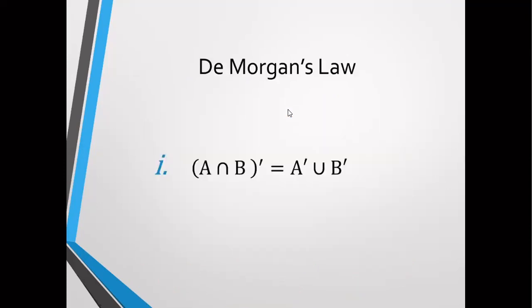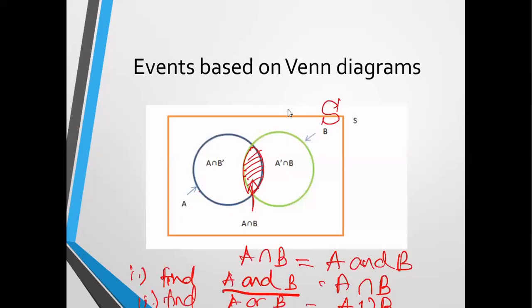Before coming to De Morgan's law, let's discuss these things more. Now we have two events. We have identified the region A intersection B, or A and B. Now tell me about this region. Here we have the graphical representation. Can we represent the same region using symbols?